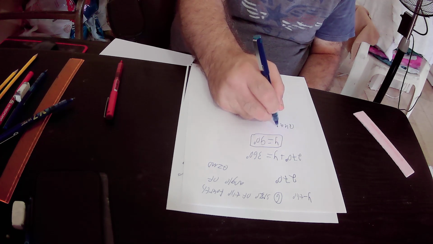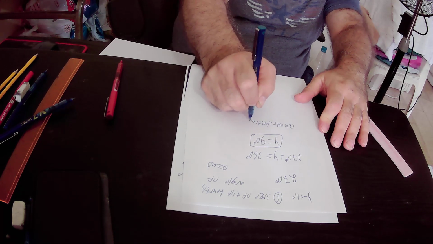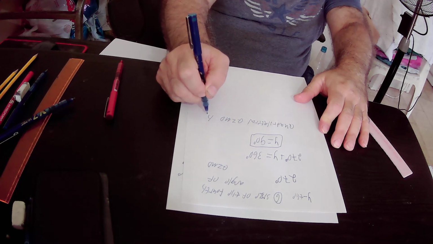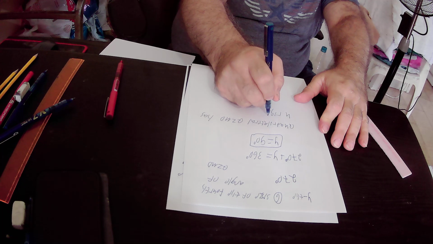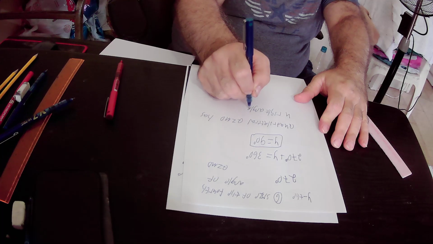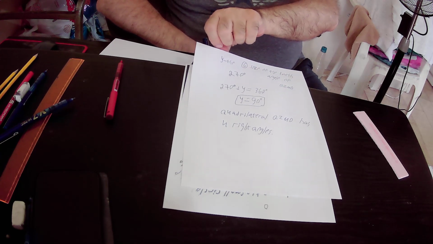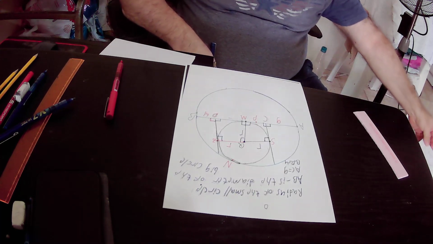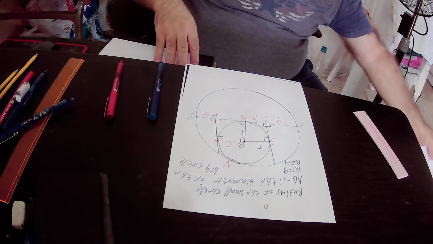Quadrilateral QZMD has 4 right angles, and we have rule number 3.